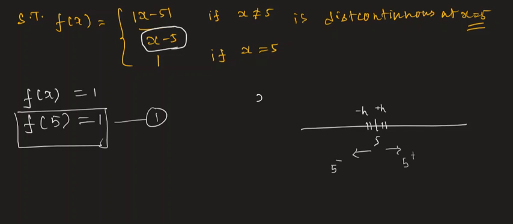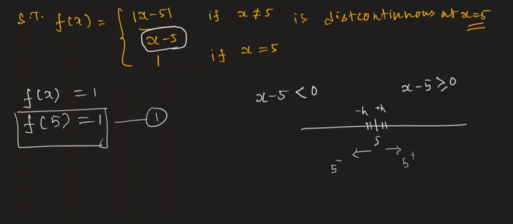Let us consider x minus 5 value is less than 0, that is, the resultant value is negative. And on the right hand side, x minus 5 is greater than or equal to 0.